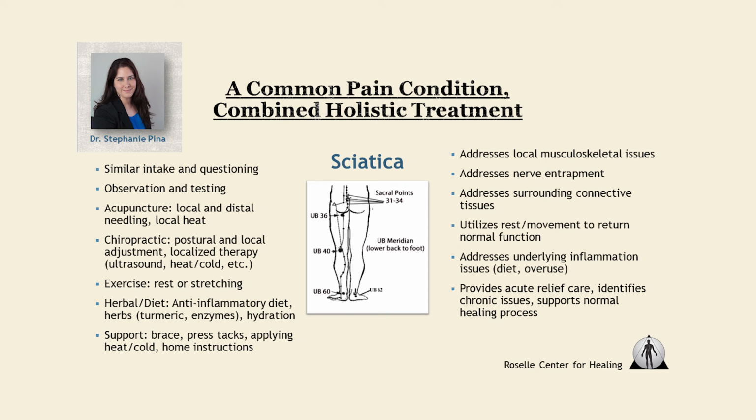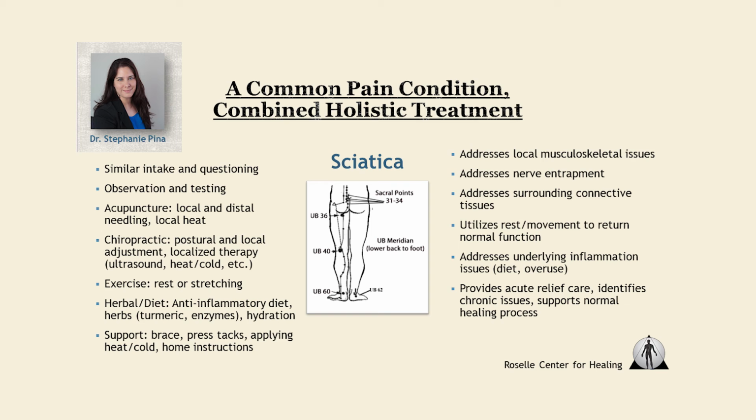The chiropractors may also do a postural assessment and adjust the lower back to make sure that it's in alignment and so that the nerves can actually fire properly, that there's no blockage. They may also do another type of therapy such as ultrasound to kind of relax a tightened muscle, and they may also provide heat or cold as well. It kind of depends on what information they find out during their assessment.